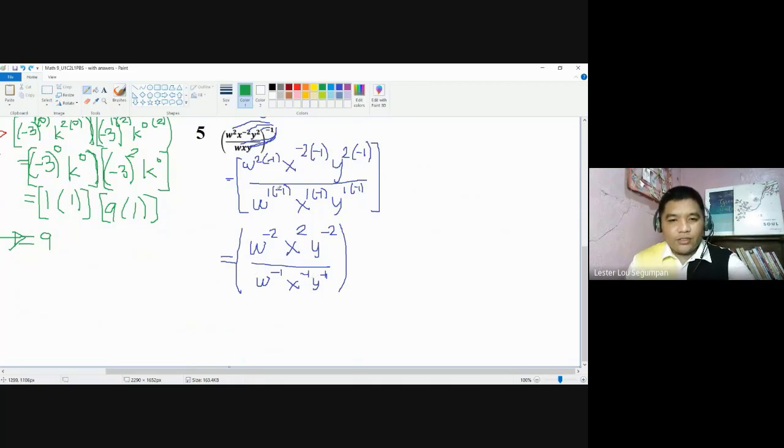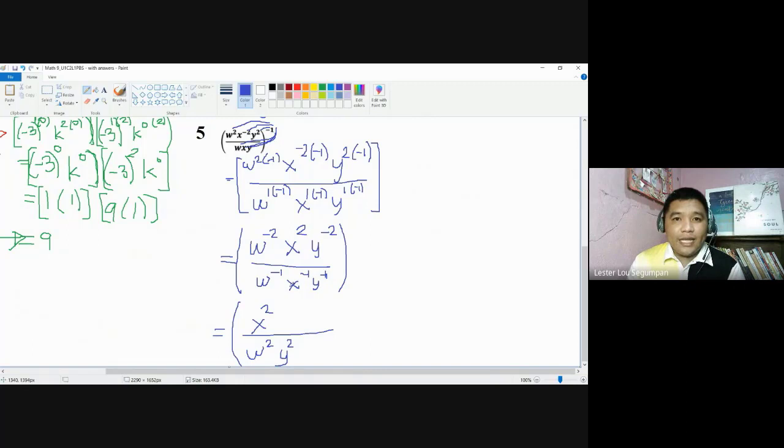Let us use same color, sorry. The first term, W, you have your negative 2, so move it down. So you have here already positive 2, W squared. X will remain as there, X squared. Y, negative 2 will also be brought down here and become positive.